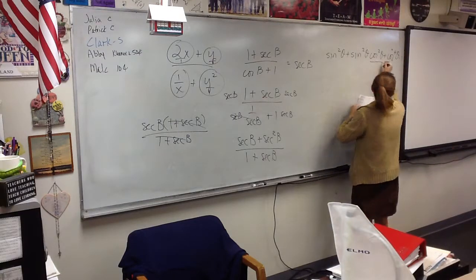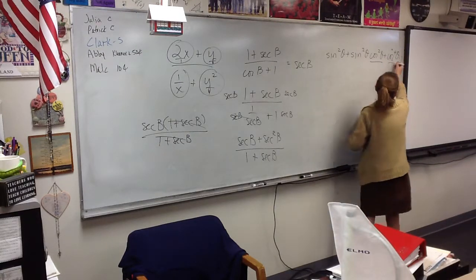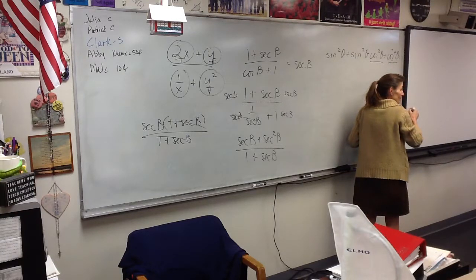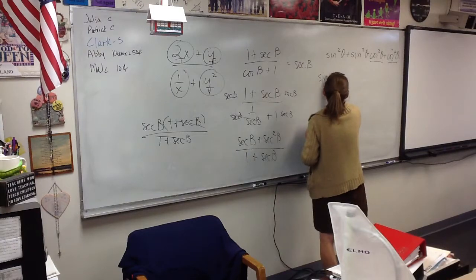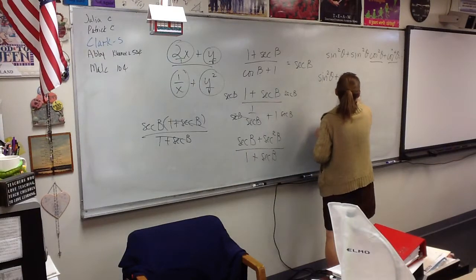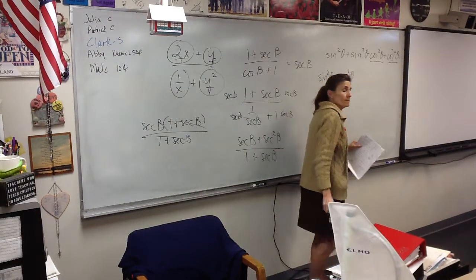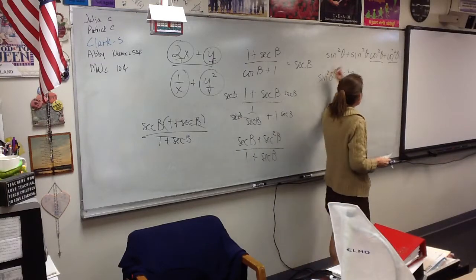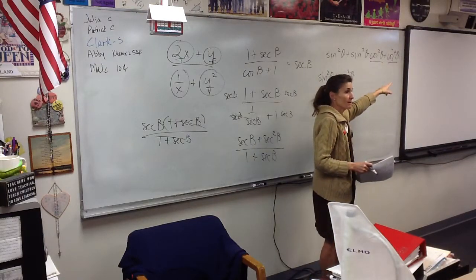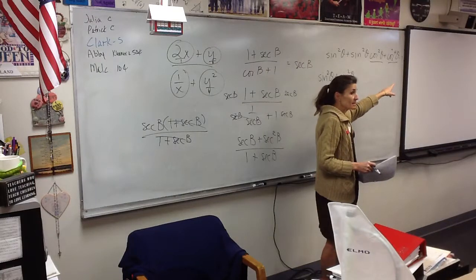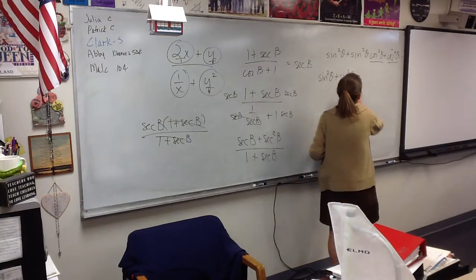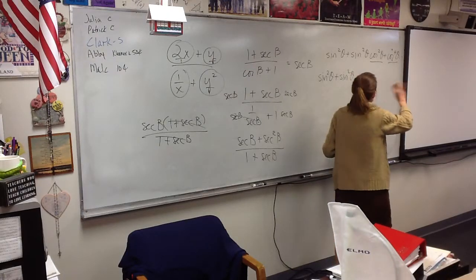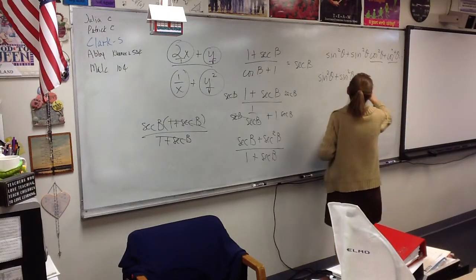You said you changed this into sine? What did you do with that? Okay, you're going to tell me how you did that. So Anna says all this mess is supposed to come out to be 1. So that means I got to get rid of a bunch of stuff. So she said I'm going to make everything cosine, or everything sine. She's going to change everything into sines.